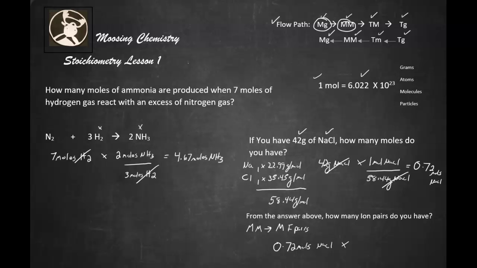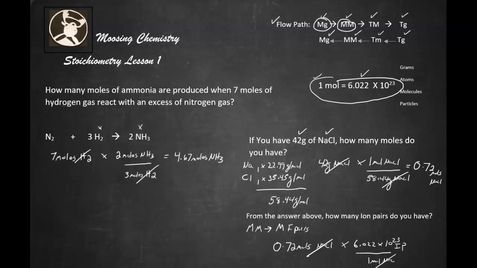And now we want to convert that into ion pairs, but we're going to have to use this number right here, Avogadro's number, right? So for every mole of NaCl, I'm going to have 6.022 times 10 to the 23rd ion pairs. So I'm going to go to 6.022 times 10 to the 23rd ion pairs, I'm just going to call it IP, over 1 mole of NaCl.